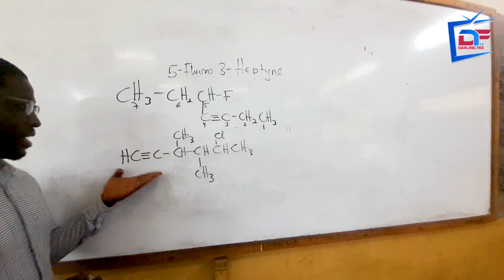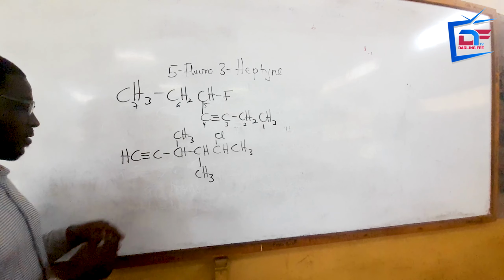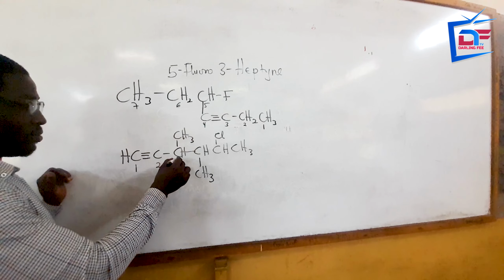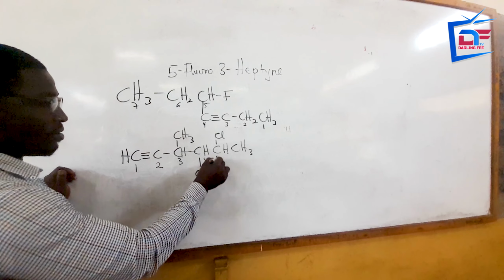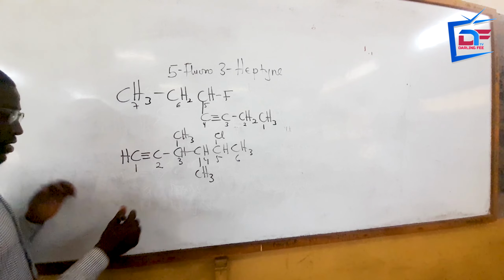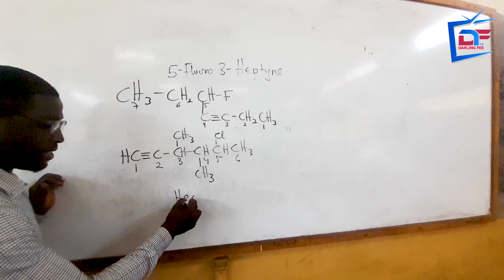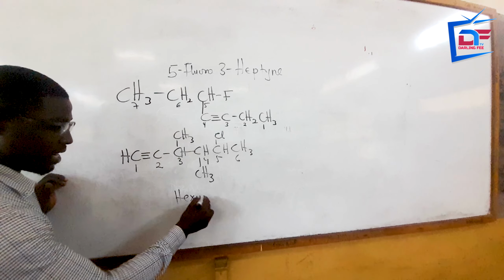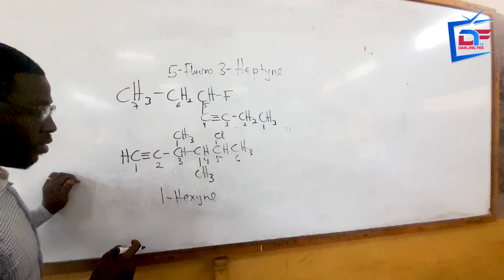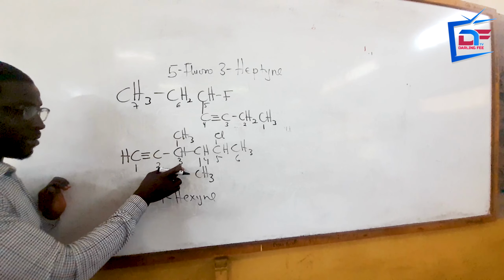Now let's look at the last one. It is obvious that the counting will start from the left. So we have 1, 2, 3, 4, 5, 6. We don't have any problem with this. That is going to give us 1-hexyne because of the position of the triple bond. Now let us look at the substituents.